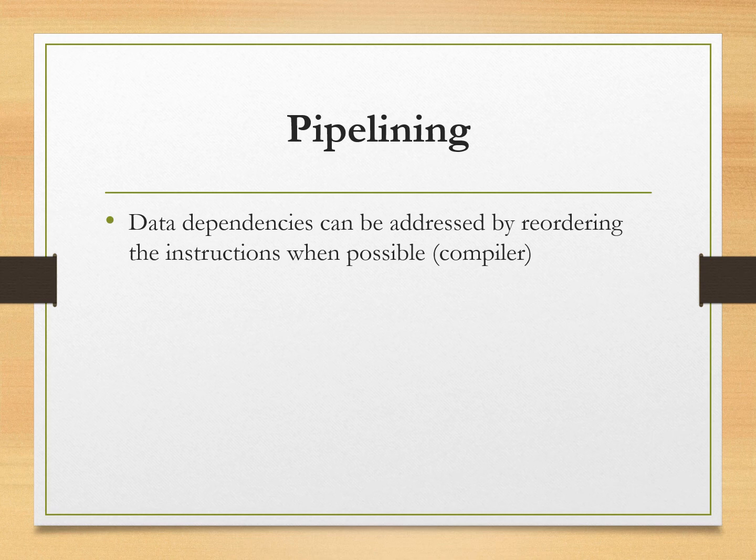Data dependency can be addressed by reordering the instructions when possible, by the compiler. This is easier to understand by doing examples. Reordering the instructions is to avoid the branch problem.